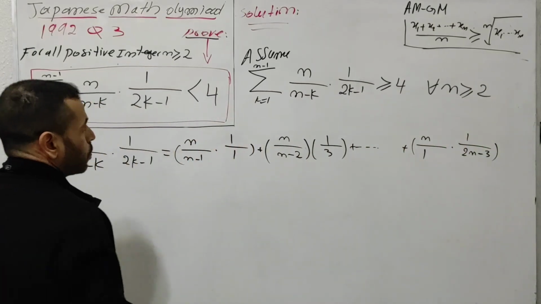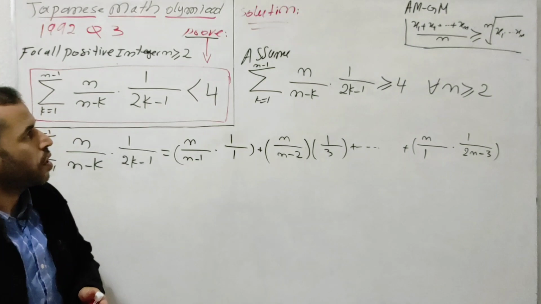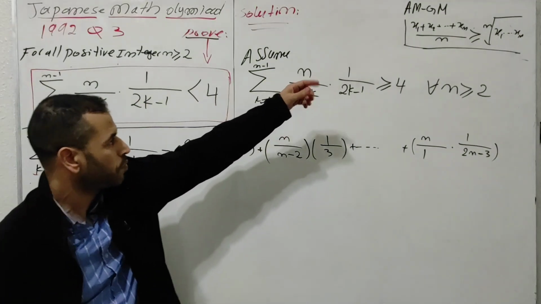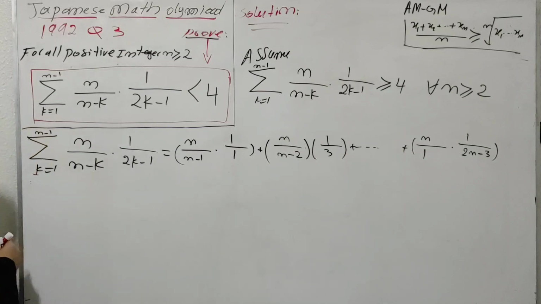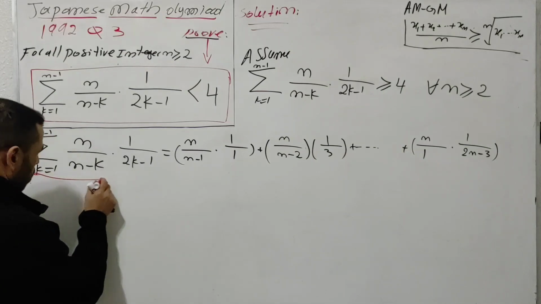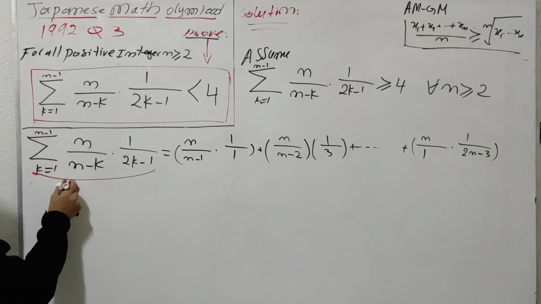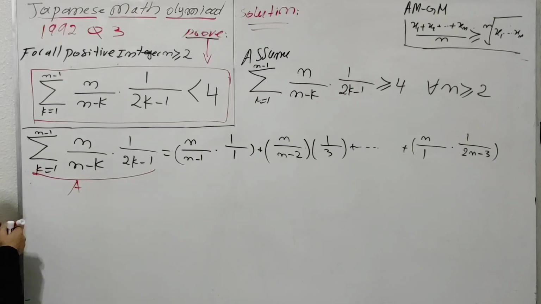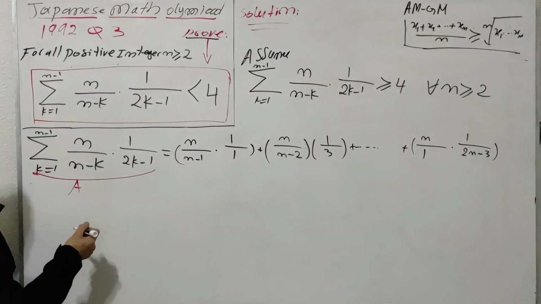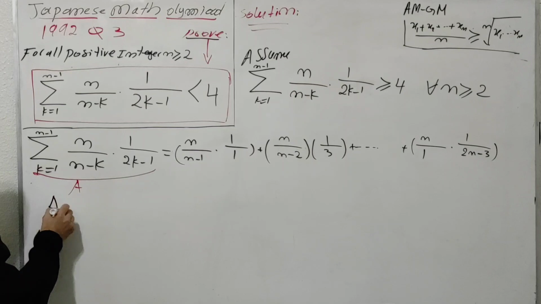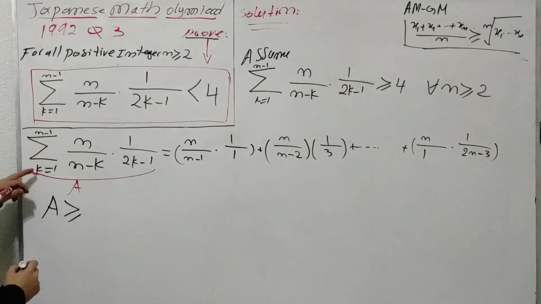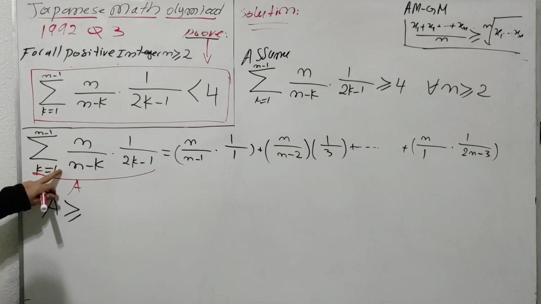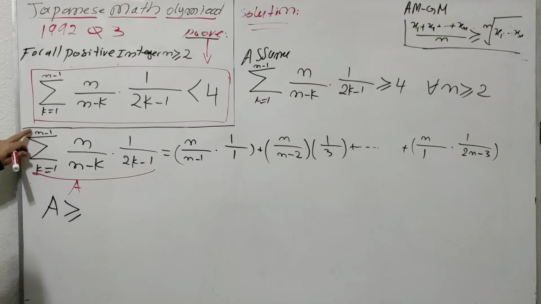Now I'm going to apply AM-GM. Let's call this sum capital A. We have n minus 1 terms because k starts from 1 and ends with n minus 1.